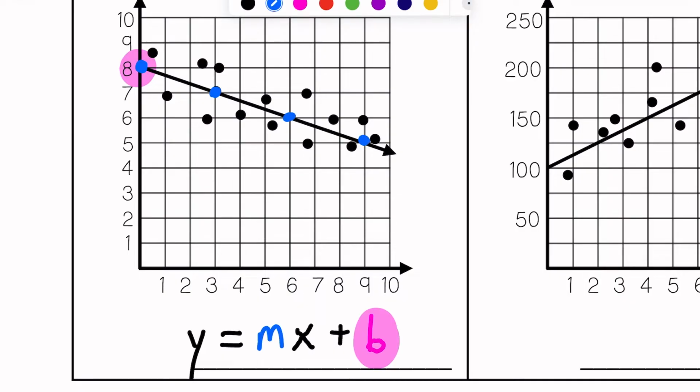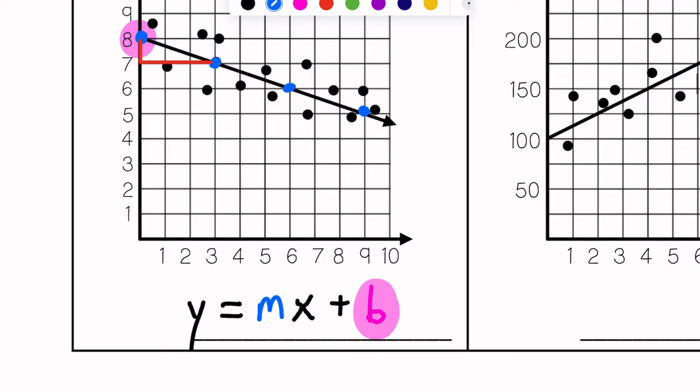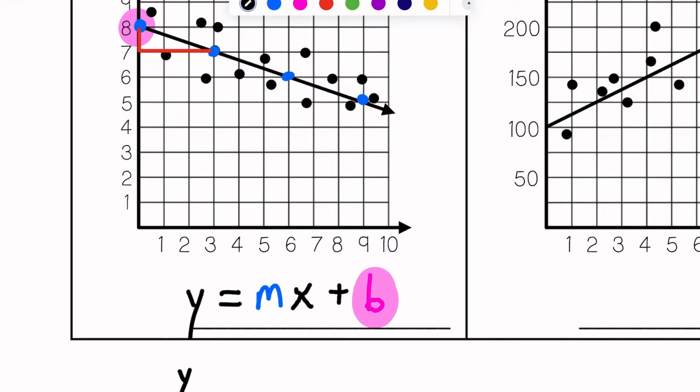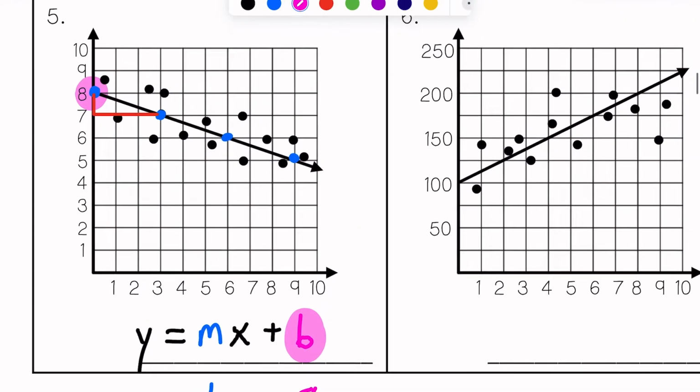They might overlap with a data point, but you add your own points to the line. For this line, we would travel down 1 unit and to the right 3 units. That makes my slope negative, because we went down: -1 over 3. x always comes after the slope, and then +8 because that is where the line started on the y-axis. So that is the equation of the trend line.